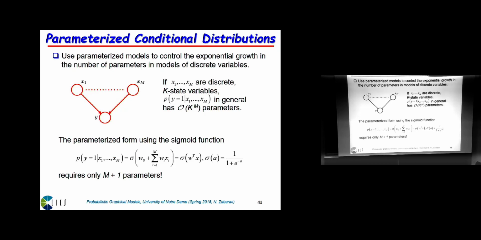I think maybe in passing we mentioned this problem, and we said it's not going to be used often in this course, but let me use this as a counter example. So let's say we have m variables again that are discrete, and each of them can take k different states. And I'm interested in a classification problem.